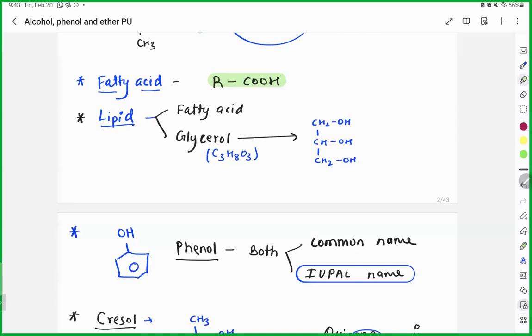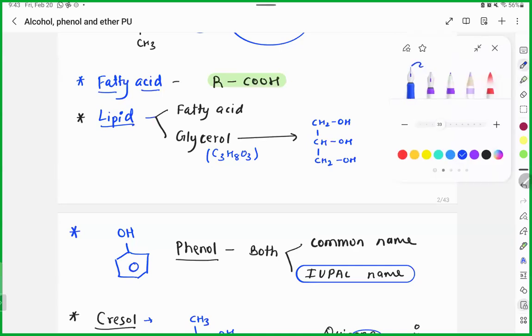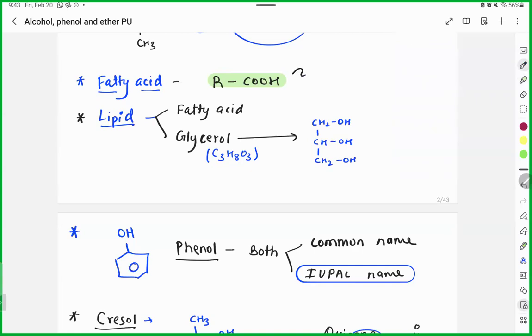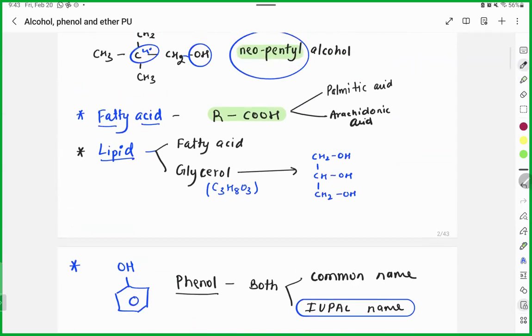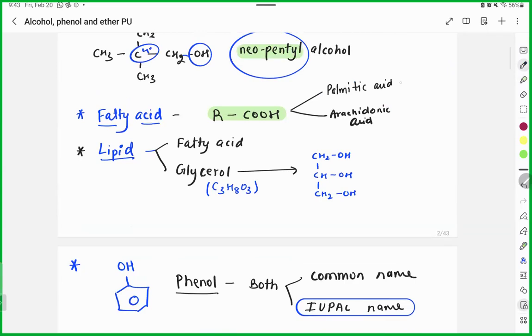Palmitic acid and arachidonic acid are given in the biology biomolecule chapter. Jordan, what is the number of carbon in those two acids? In palmitic it's 16, arachidonic is 20. Yes. So here the total number of carbon is 16, and here it is 20.